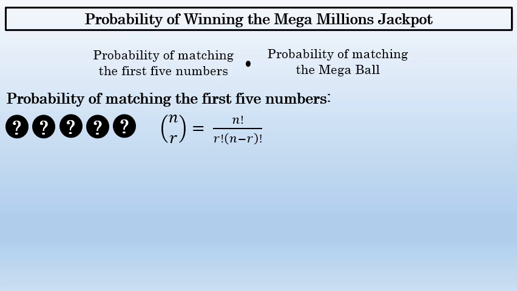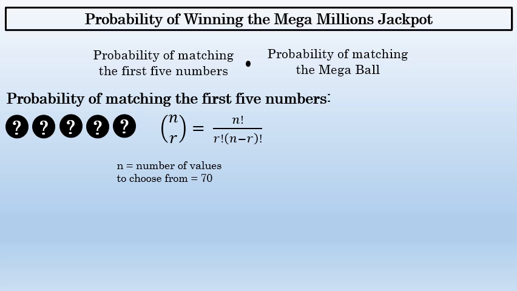First, n is the number of items in the set of possible values. In this case, that would be 70, because those first 5 numbers are drawn from values that could be anything from 1 through 70. 70 possible values is the value of n.